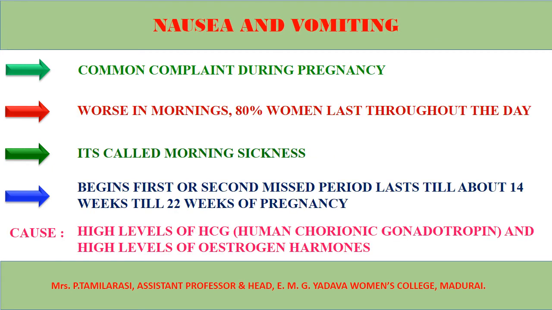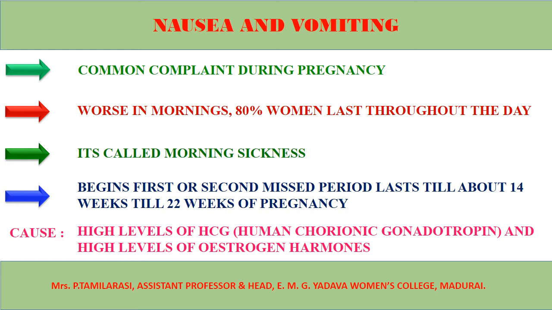The next important type of complication is nausea and vomiting, a common complaint during pregnancy. After the woman gets pregnant, she may suffer in the 3rd week and 4th week, and some women will suffer for the whole period of gestation.